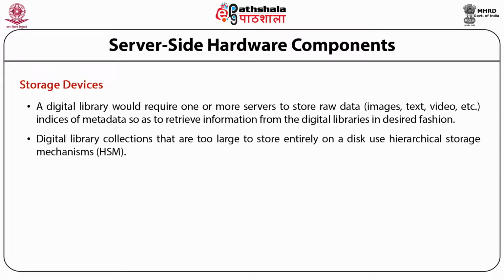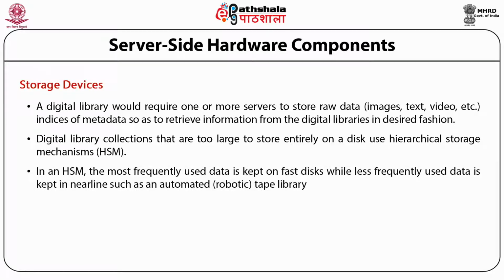Digital library collections that are too large to store entirely on disk can use hierarchical storage mechanisms, that is called HSM. In HSM, the most frequently used data is kept on a fast disk, whereas the less frequently used data is kept near line, such as an automated robotic tape library.